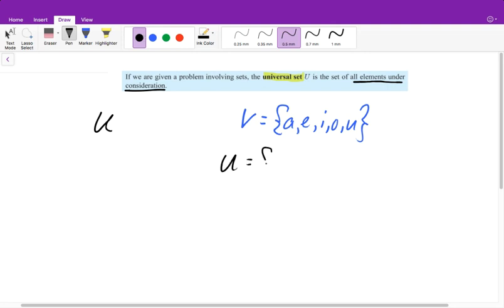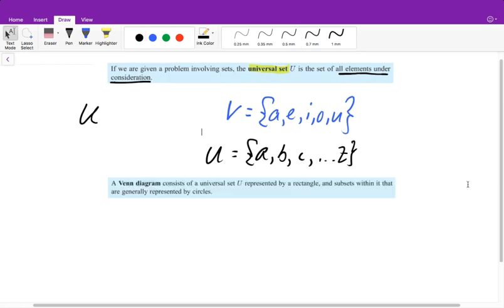So the universe would be all of the letters that we possibly have in our alphabet, A, B, C, and so on to the letter Z. So the universe is all of the elements under consideration, meaning all of the letters that we have, whereas the set that we were focused on was just the vowels in that case.